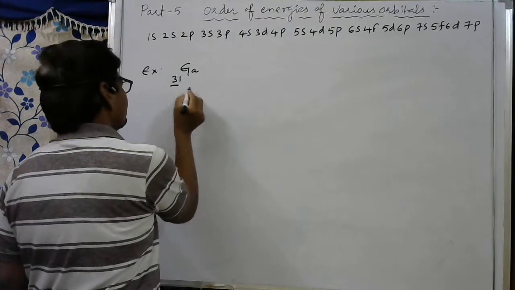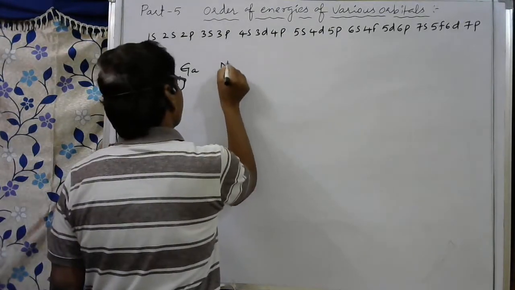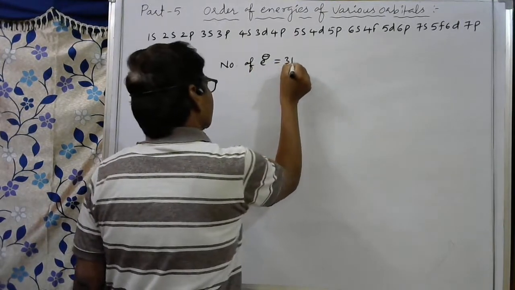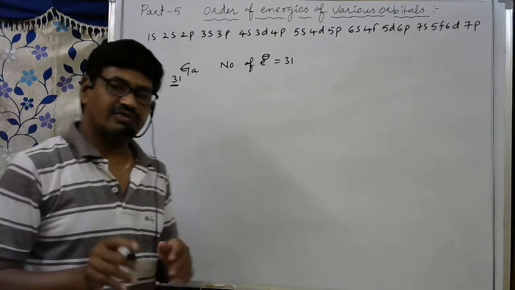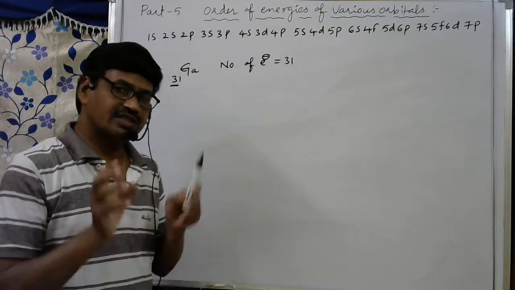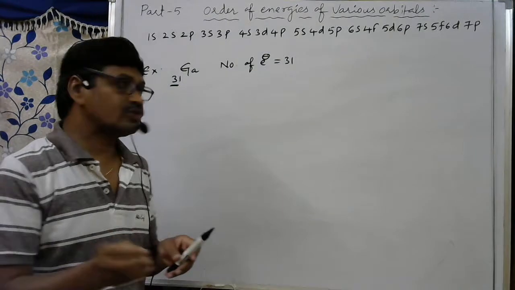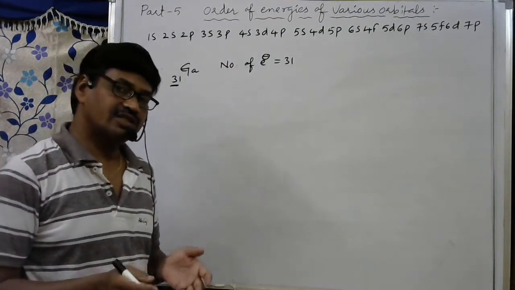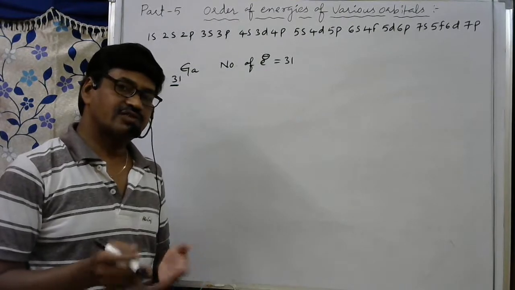Atomic number is nothing but the number of electrons. So in gallium, number of electrons is equal to 31. Now we have to write the electron configuration for 31 electrons. These 31 electrons we have to throw into this order. That means, among these 31 electrons, the first electron enters into which orbital?